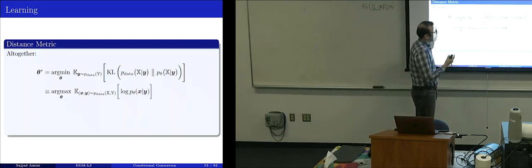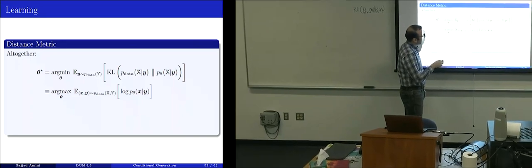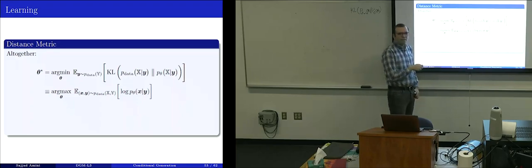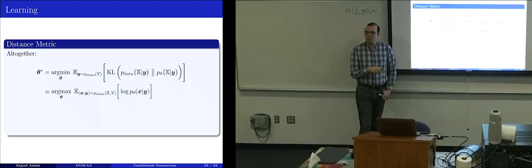So something happened. If we want to approximate the term using Monte-Carlo estimation, we should have samples coming from the joint distribution. Do we have access to samples from this joint distribution?